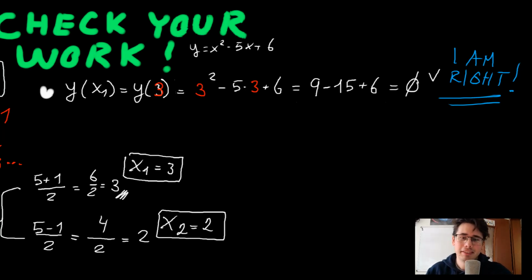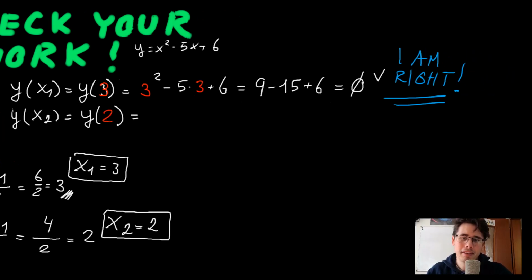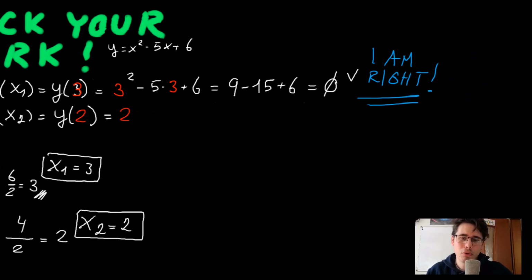Well, assuming you're not a researcher in mathematics, then that's not the case. Let's plug in 2 and prove that we are correct. 2 squared minus 5 times 2 plus 6.